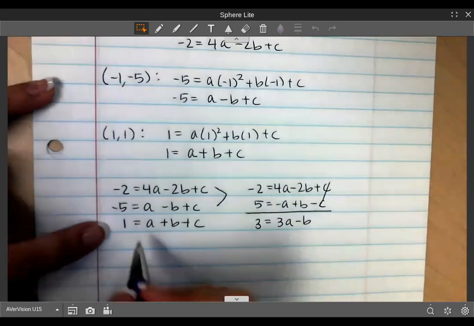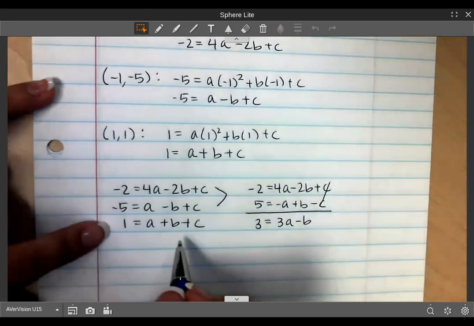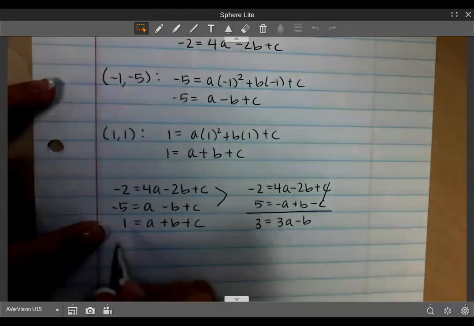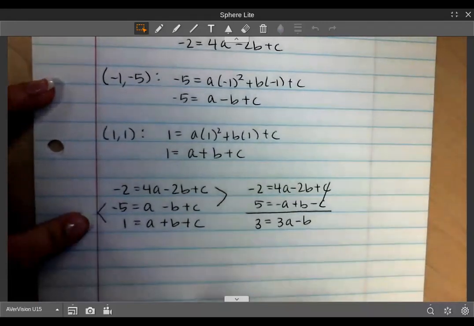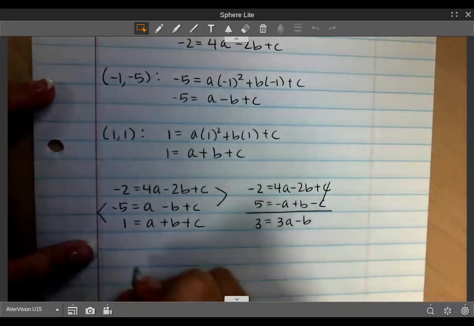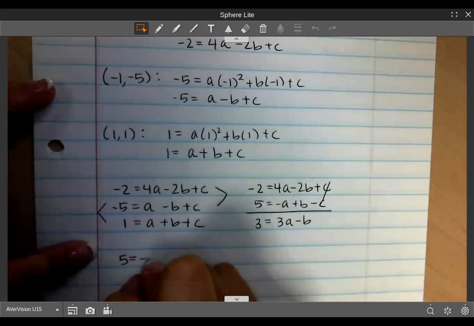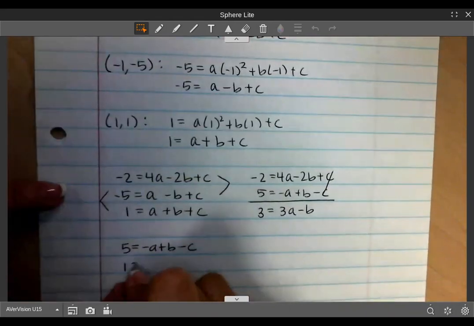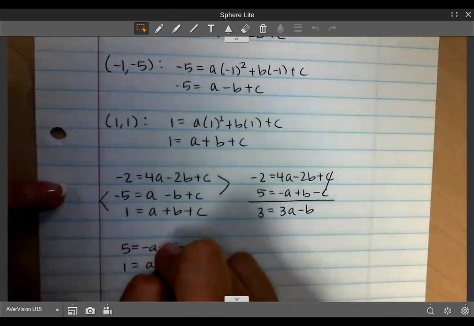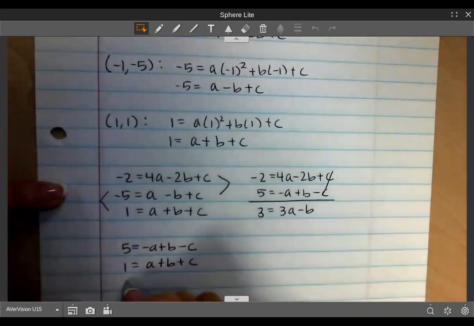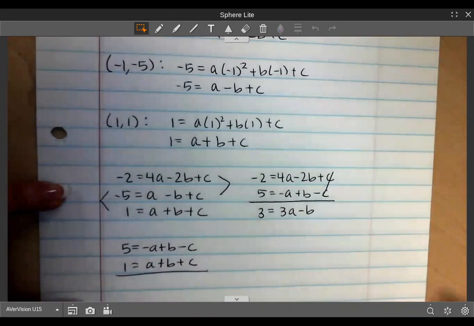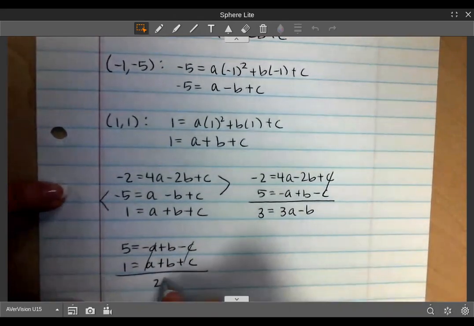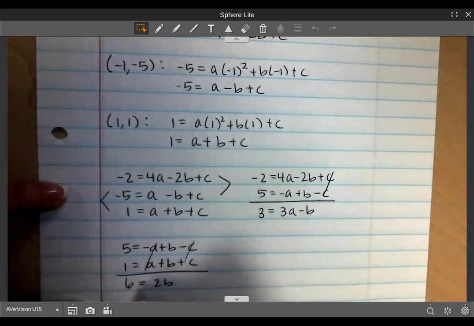I want to do the same thing now using the last equation, and so I pick either one of the equations. I'll just go ahead and pick that same one, that middle one, and multiply it times a 1 again. So we've got 5 is equal to negative a plus b minus c, and then my last one is 1 equals a plus b plus c. When I add these two together, the a's cancel out and the c's canceled out in this case, so we get 2b is equal to 6.